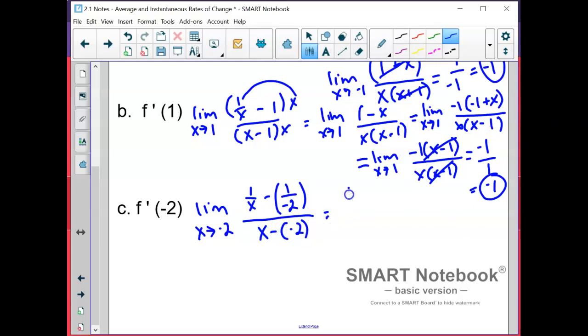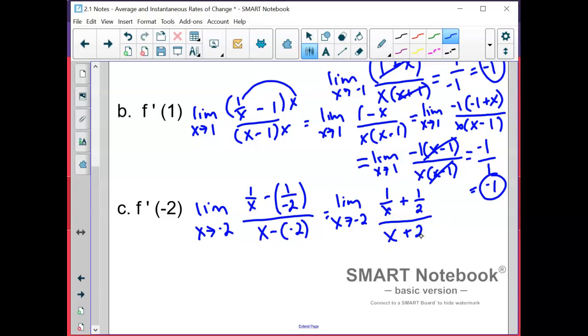Actually, let me not be so lazy. I need to write my limit notation. Limit as x approaches negative 2 of 1 over x plus 1 over 2, over x plus 2.